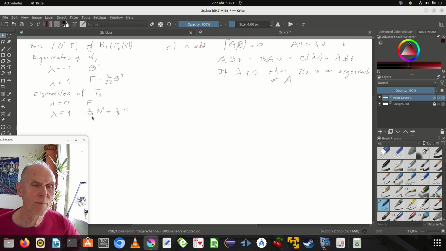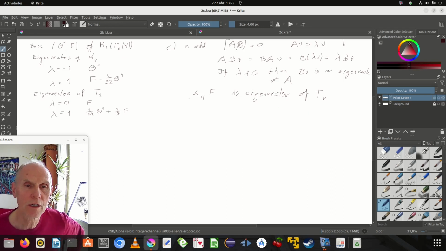So let's take alpha 4 of F, which is an eigenvector of Tn. Of course, n being odd.